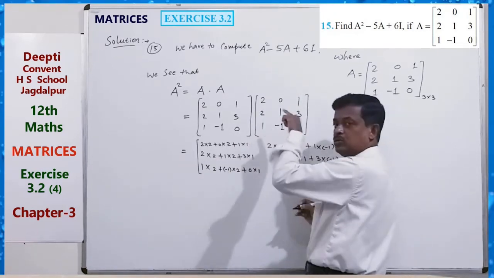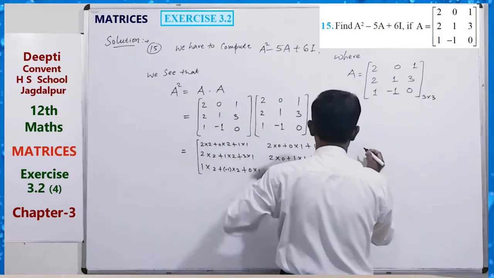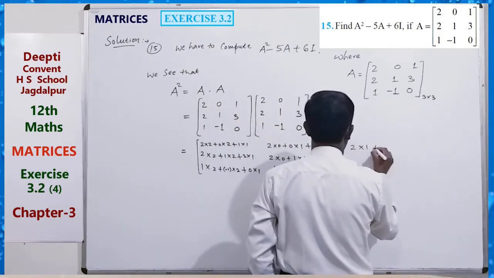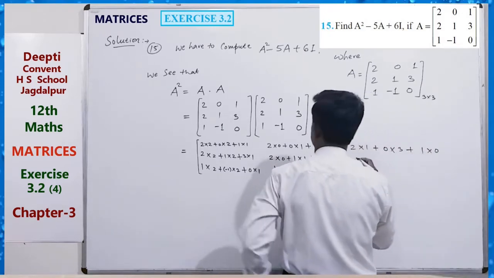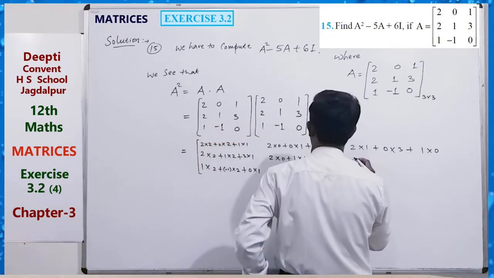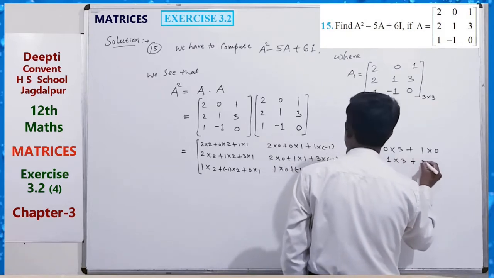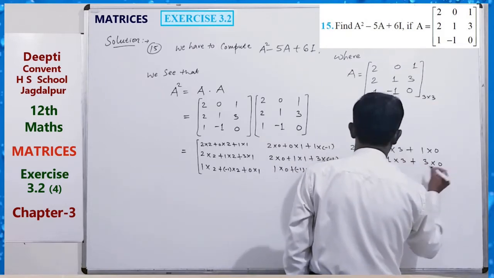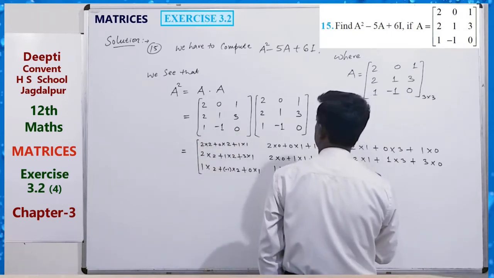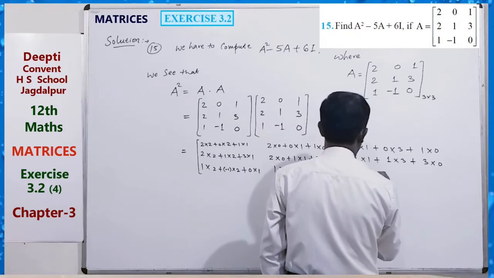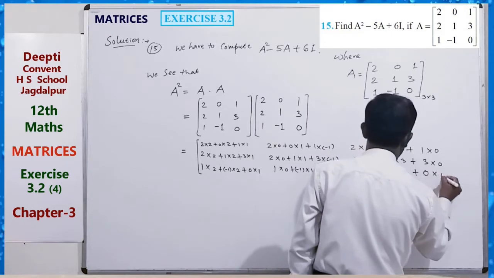Third column, row-wise: 2 0 1 with 1 3 0, so 2 into 1 plus 0 into 3 plus 1 into 0. Also 2 1 3 with 1 3 0: 2 into 1 plus 1 into 3 plus 3 into 0. Similarly 1 minus 1 0: 1 into 1 plus minus 1 into 3 plus 0 into 0.